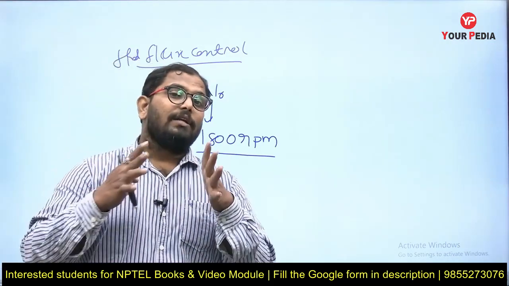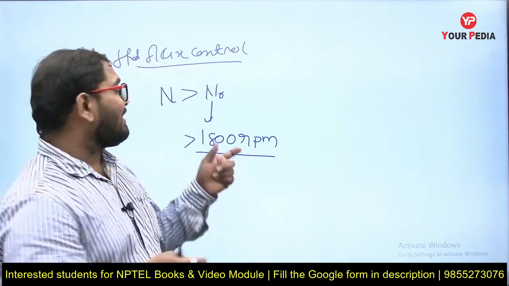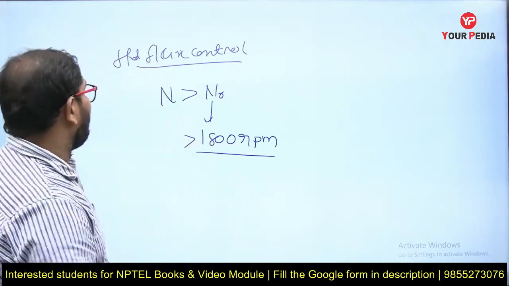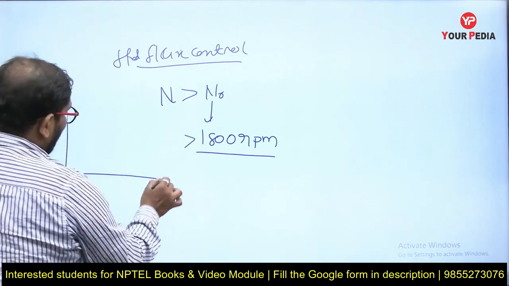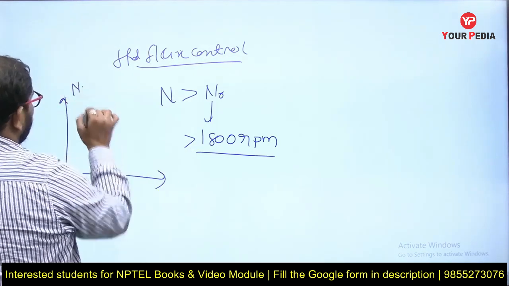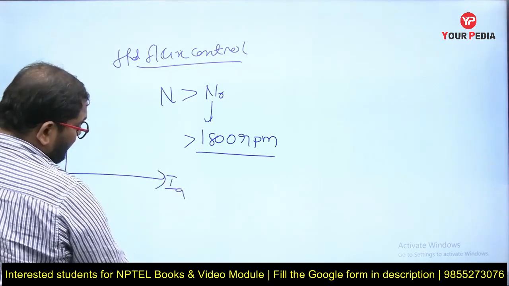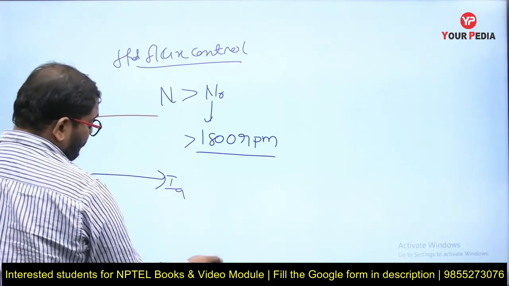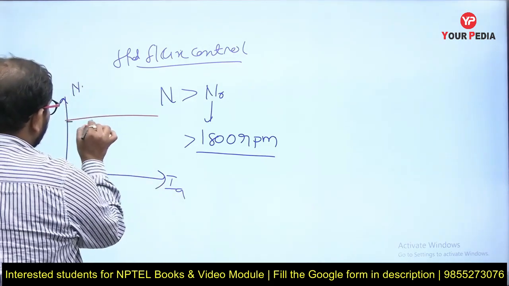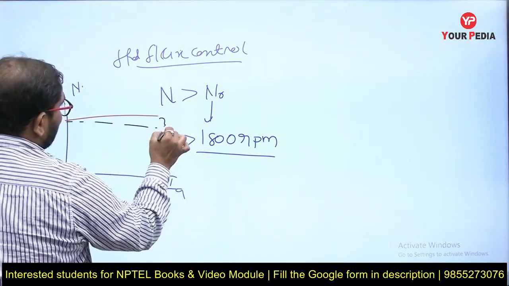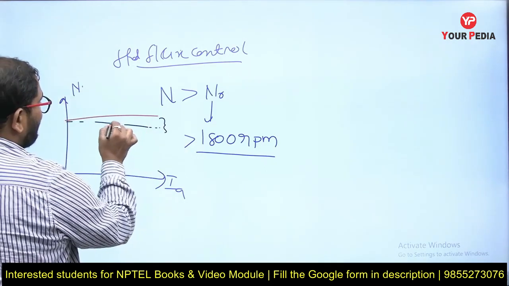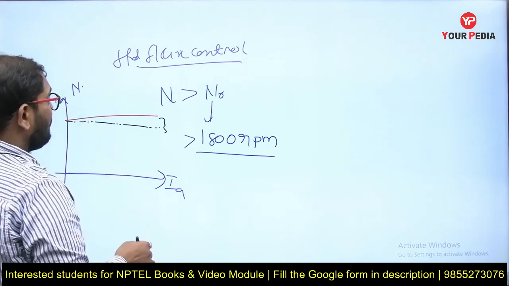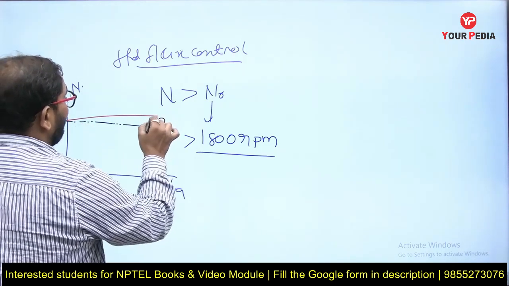But actually a DC shunt motor will not rotate exactly at the rated speed. It will operate very near to the rated speed. You might have seen the speed versus current or torque characteristics. This is the rated speed, and this will be the actual speed. There is a small difference between actual speed and rated speed. This is the variation of speed from no load.